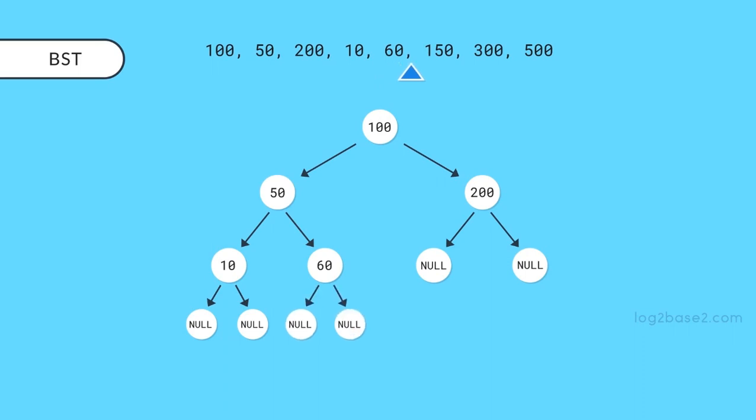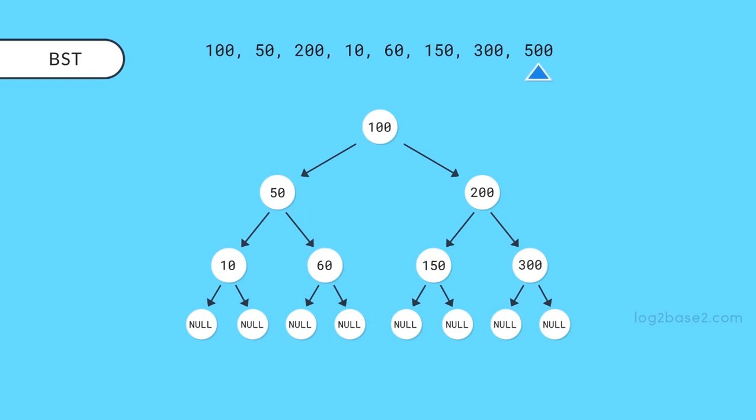Next we have 150 and 150 is greater than 100. So it should be placed in the right subtree. And in here we have 200 and 150 is less than 200. So 150 becomes the left child of 200. Next we have 300 and since 300 is greater than 100 and 200, 300 will be placed as the right child of 200.